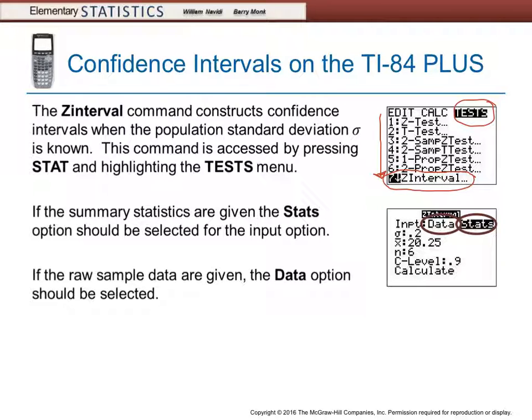We only use the Z interval if we know the population standard deviation, sigma. If the summary statistics are given, we should select the stats option. So in the case above, we'll probably only select the stats option. If the raw data is actually given to us, we'll select the data option.